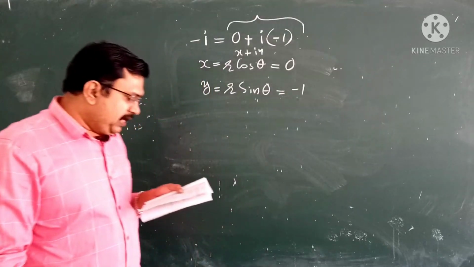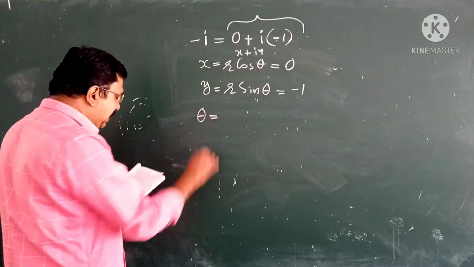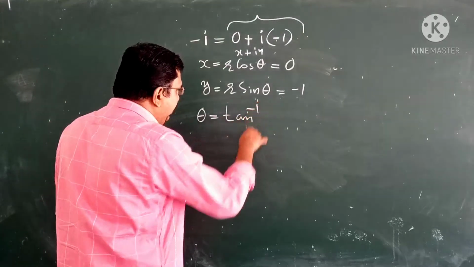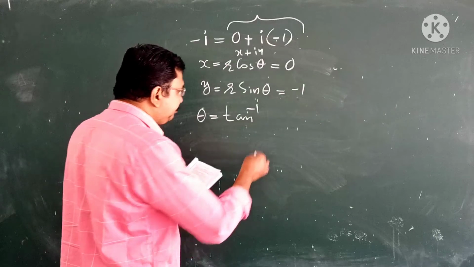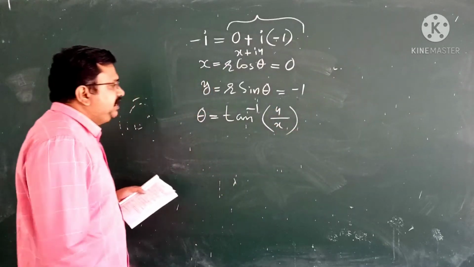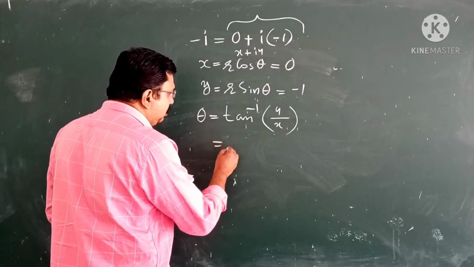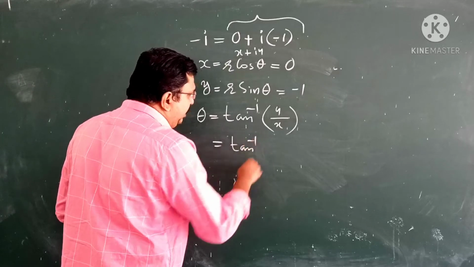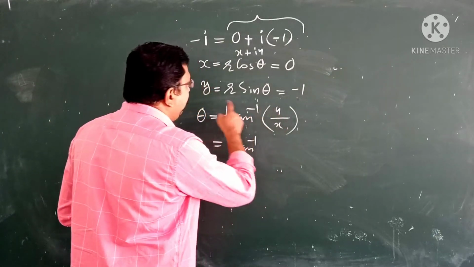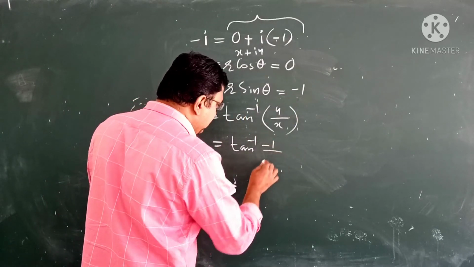Then theta can be calculated by theta equals tan inverse of y by x, that is tan inverse of minus 1 divided by 0.